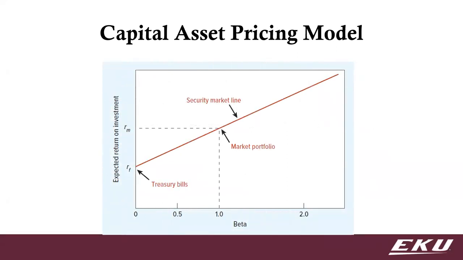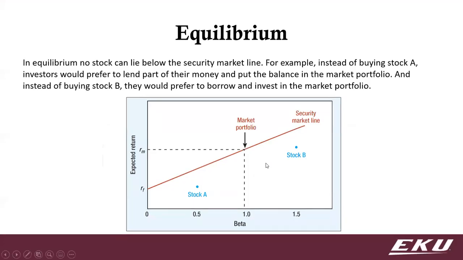Okay. So starting with this, we have our T-bills and our market portfolio. We can invest anywhere along the line here by lending money to the government. Or if we can borrow money at the risk-free rate, then we can invest up here. And in equilibrium, because we talk about dynamic equilibrium, stocks would tend to get to whatever the security market line is.